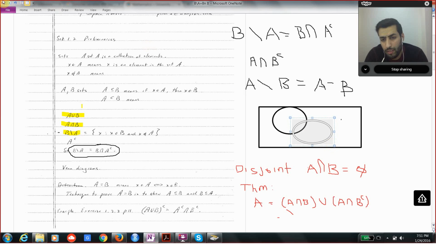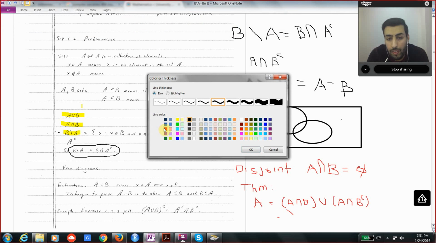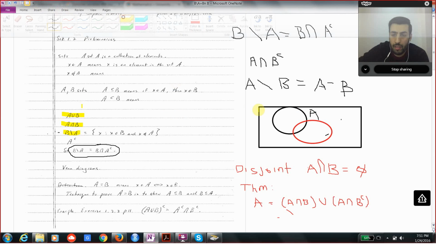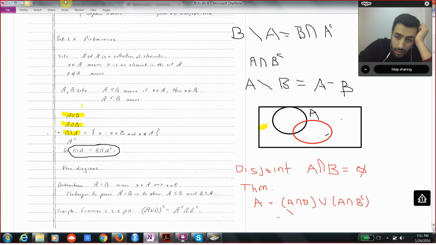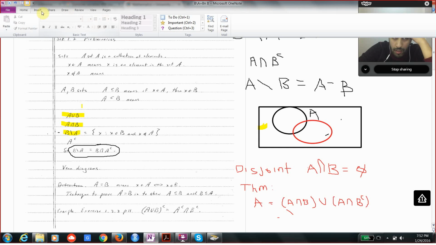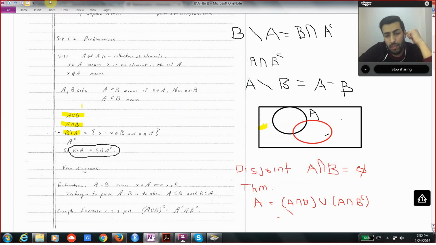Let's color this red, and call the black one A. What I want to impress upon you is the following. Whoops, let me undo that real quick. I have to erase it.